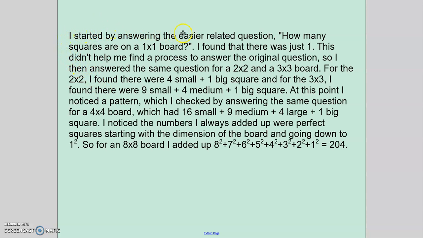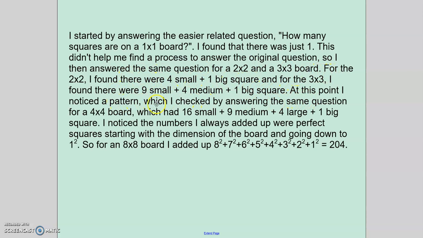I started by answering the easier related question, how many squares are on a 1 by 1 board? I found that there was just 1. This didn't help me find a process to answer the original question, so I then answered the same question for a 2 by 2 and a 3 by 3 board. For the 2 by 2, I found there were 4 small and 1 big square, and for the 3 by 3, I found there were 9 small, 4 medium, and 1 big square.